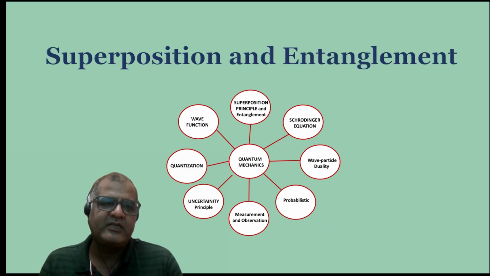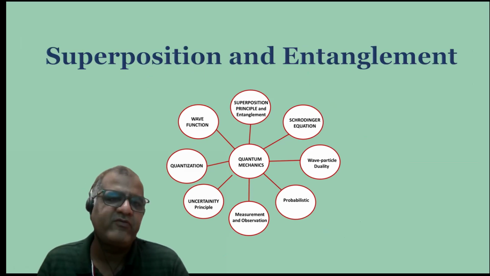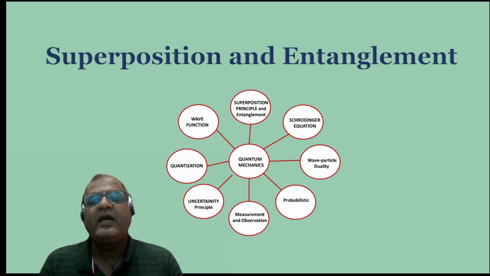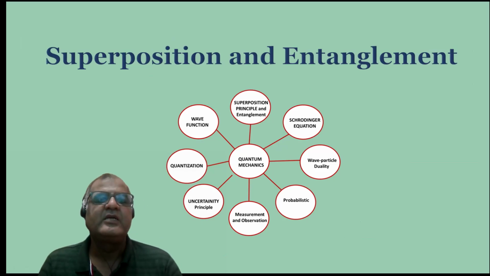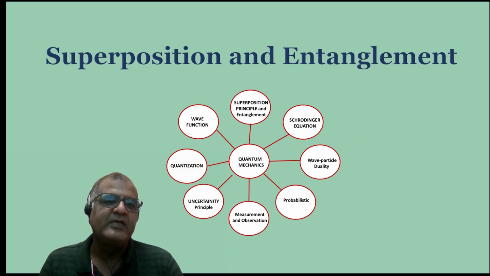The next property of quantum mechanics is superposition and entanglement. Superposition means a classical system can have only a definite state, while in quantum mechanics the superposition principle is applicable. That means a quantum system can be in multiple states at the same time, so we can represent it as a superposition of many states.